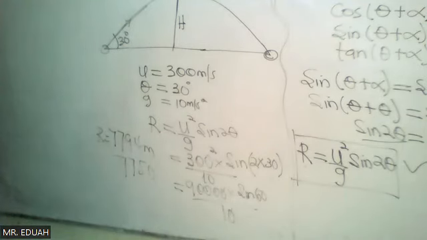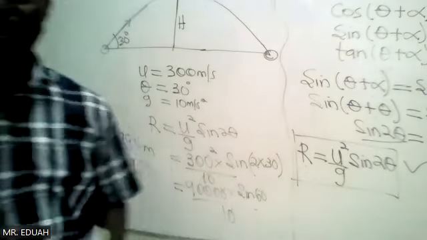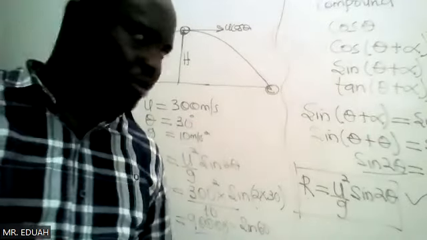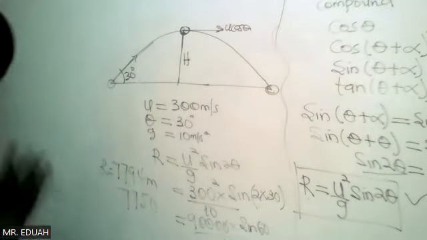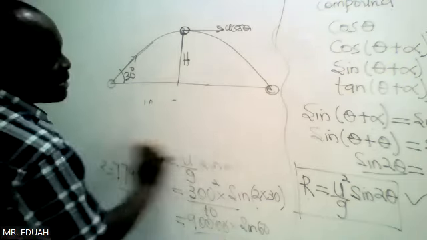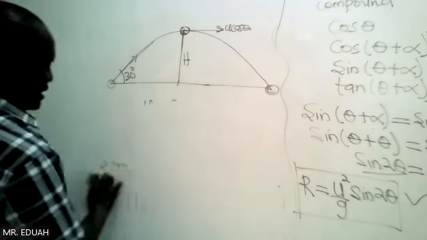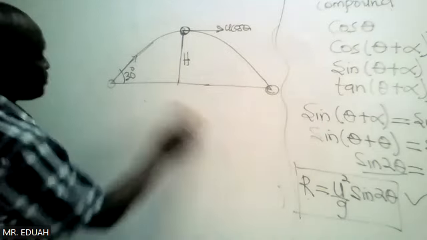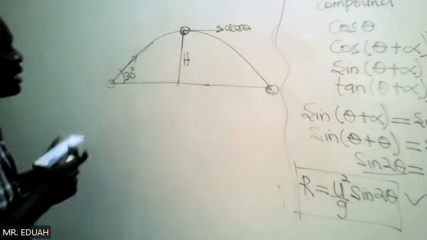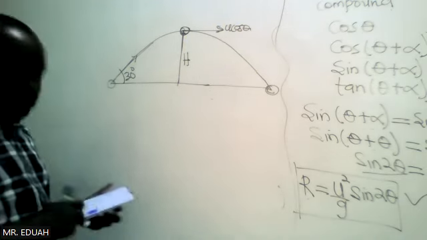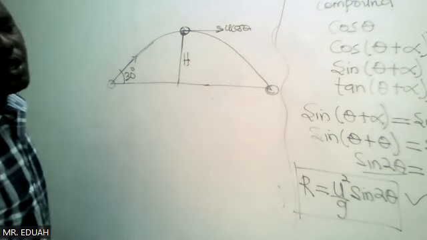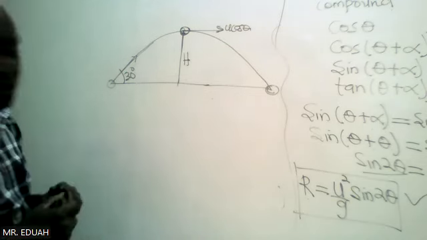Now let's look at maximum range. We have range, we also have maximum range. What is maximum range? If the body is projected or thrown, different angles would give different maximum horizontal distance traveled.